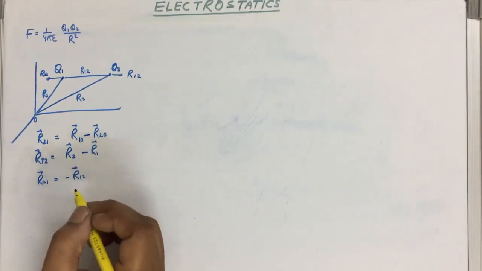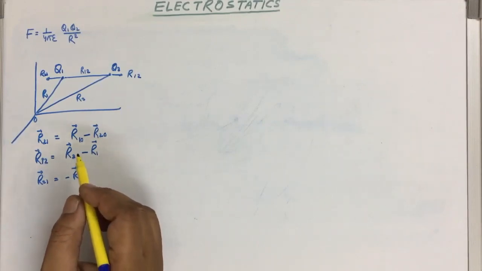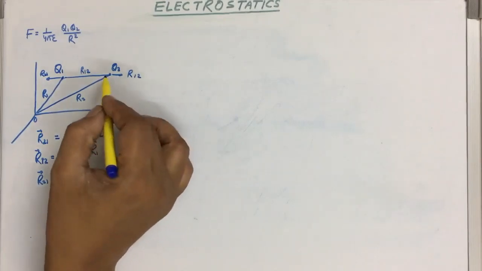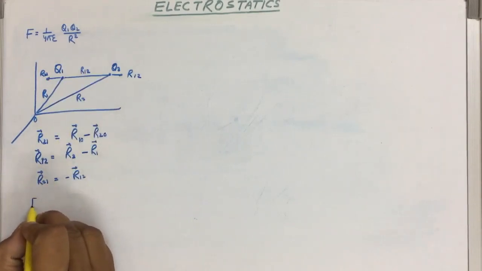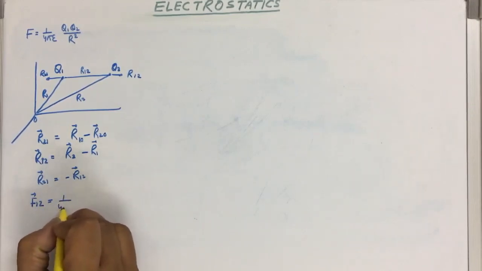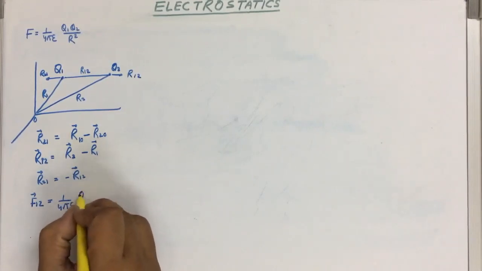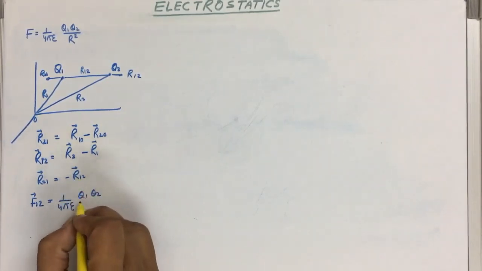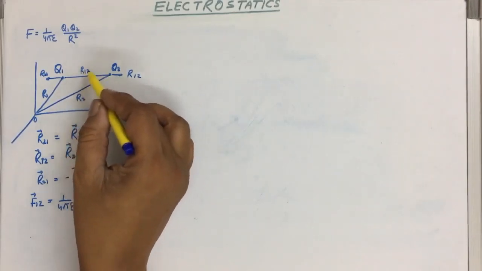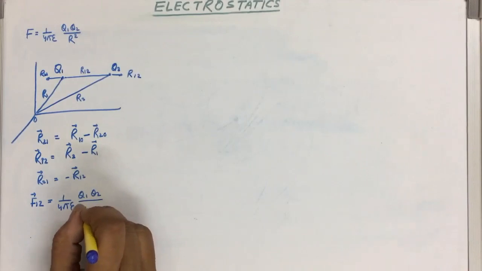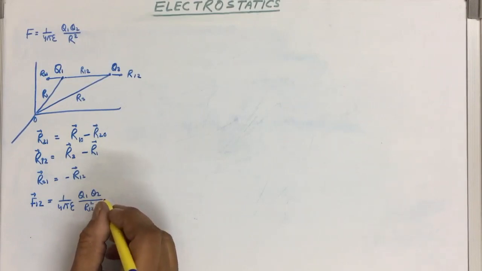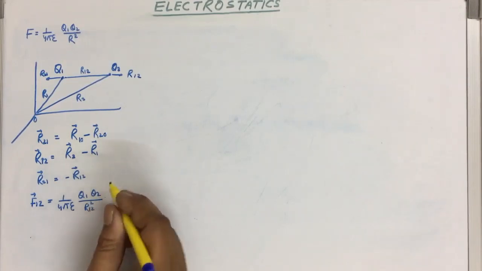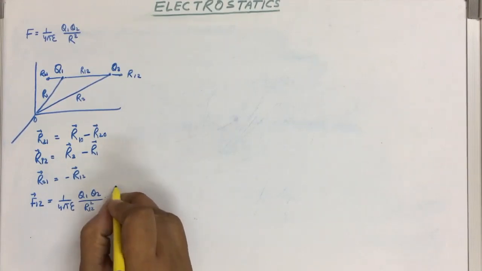Okay. So if we are finding the force acting on this due to this charge, then we can say force F12 will be equal to 1 by 4 pi epsilon q1 q2 divided by r12 square, in the direction of r12.